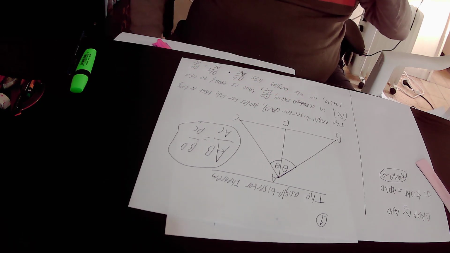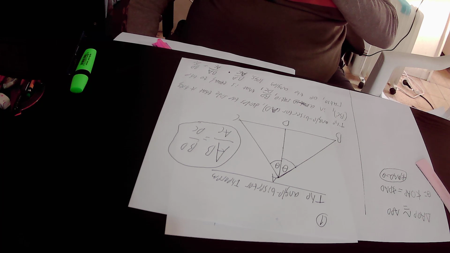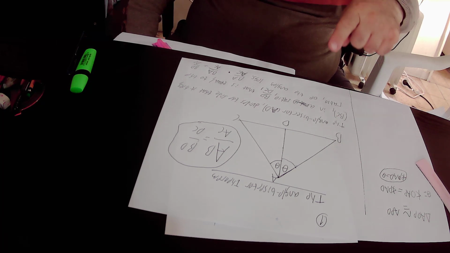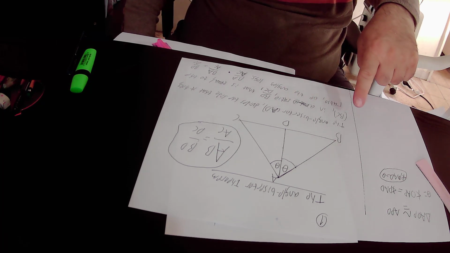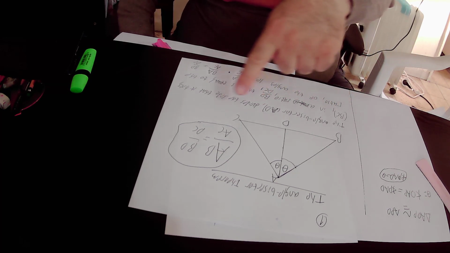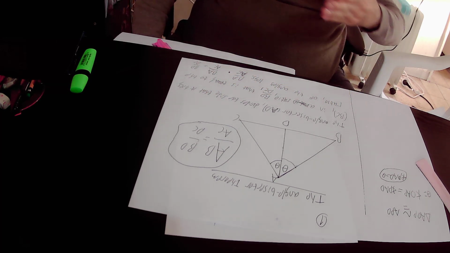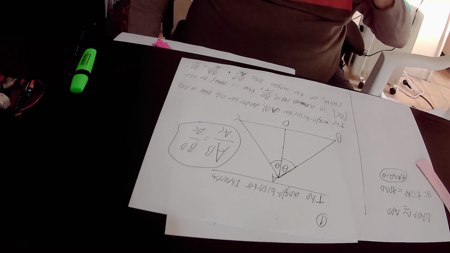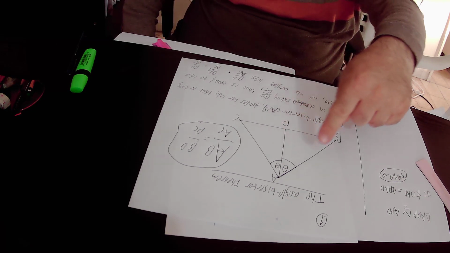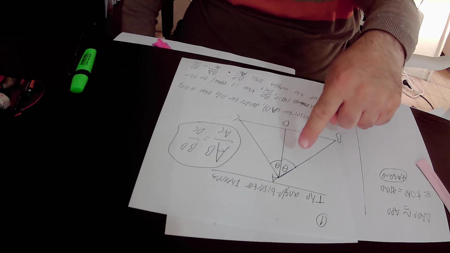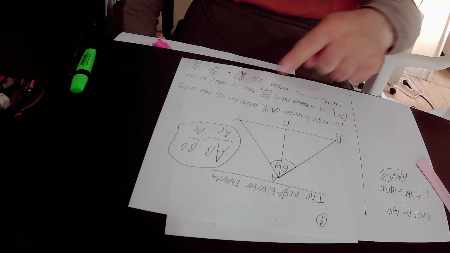It means that the angle bisector AD divides side BC in a ratio equal to BD over DC, and that ratio is also equal to the ratio between the angle's legs, which is AB over AC.